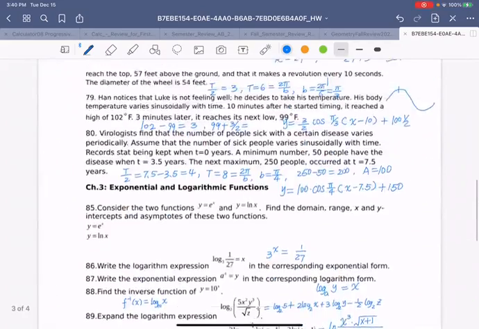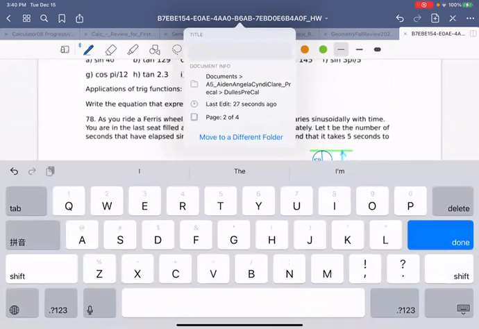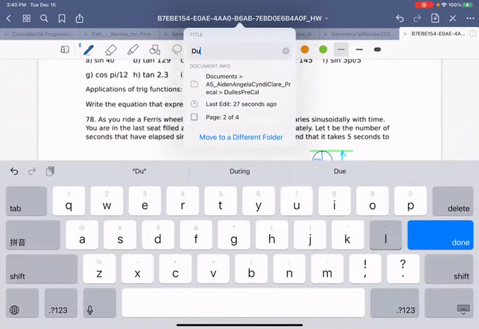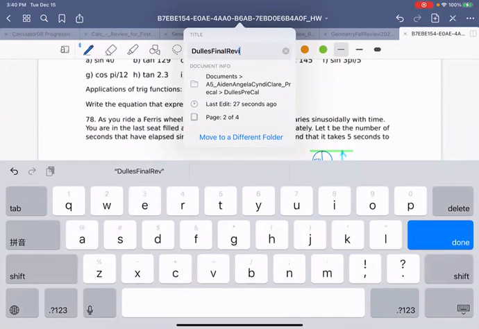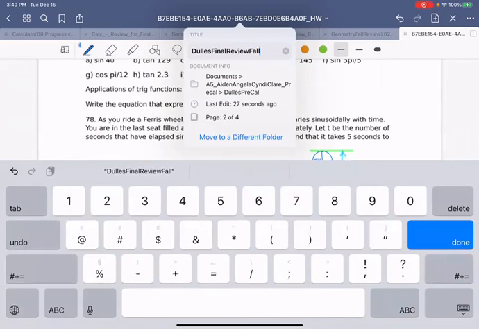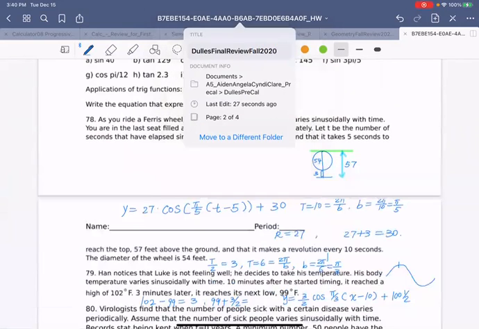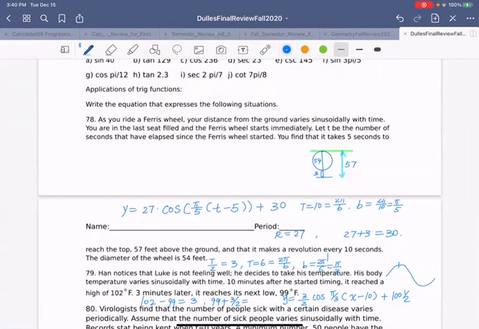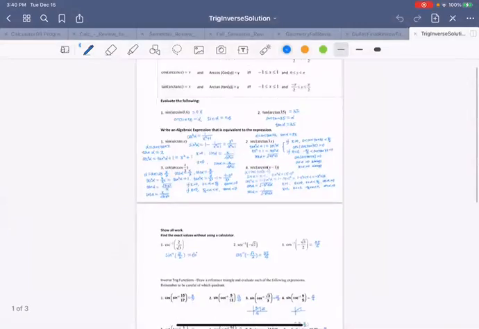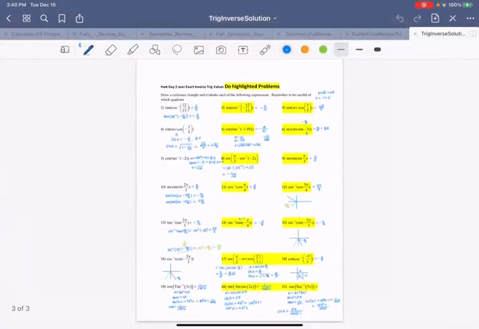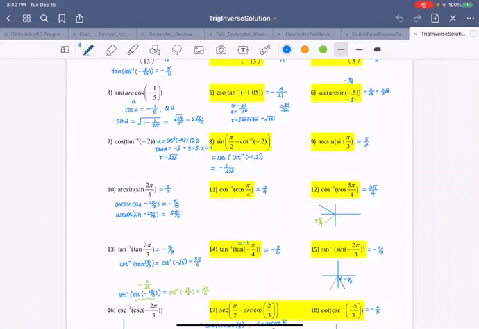Yeah, that's it. There wasn't that much on the review. This is really just the final class review level, right? I think so. Yeah, we just pay attention to those inverse things.